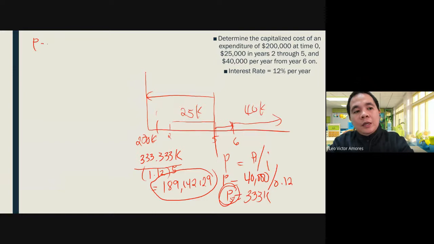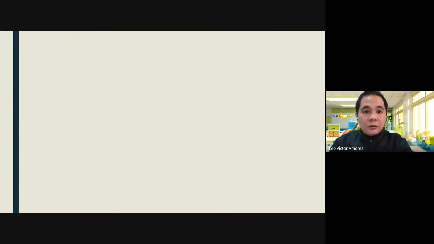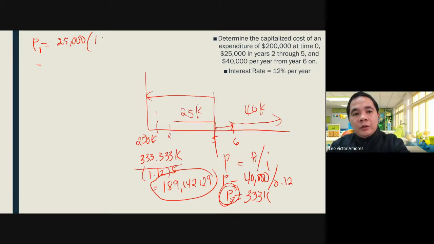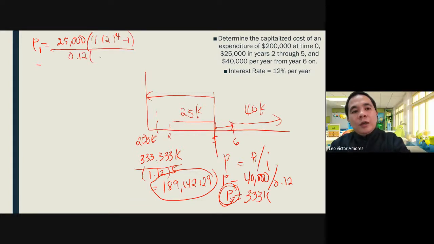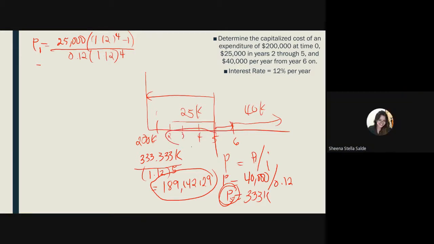Now, let's compute for the 25,000. P is equal to 25,000 times 1.12 to the exponent of 4 minus 1, divided by 0.12 times 1.12 to the exponent of 4. Why 4? These are the 2, 3, 4 and 5 payments, so you have 4 sets of payments.